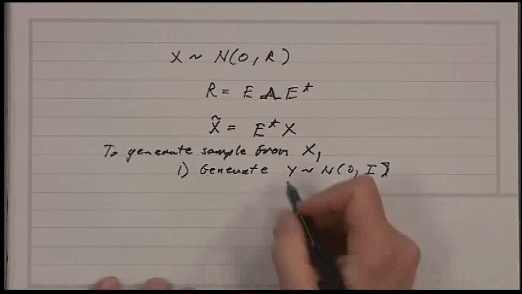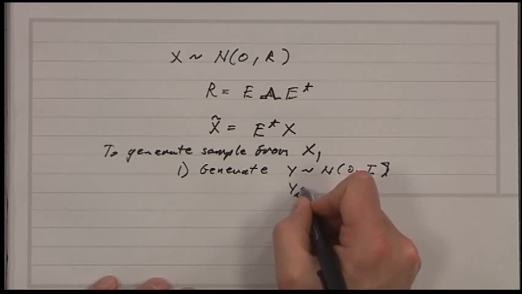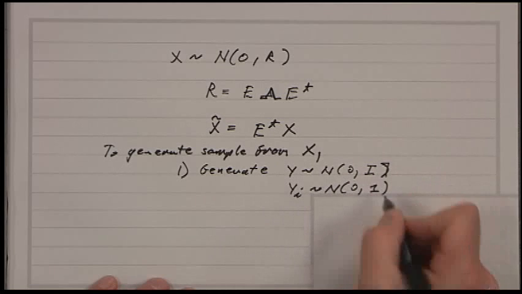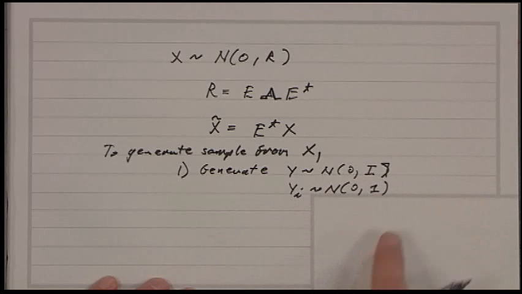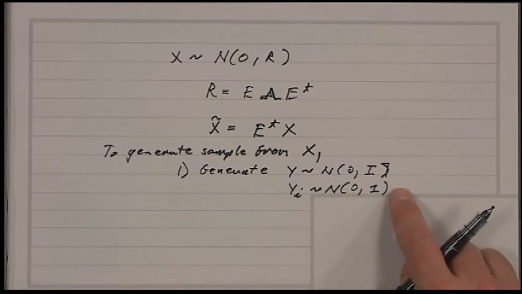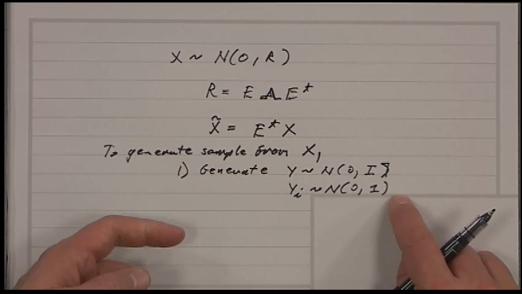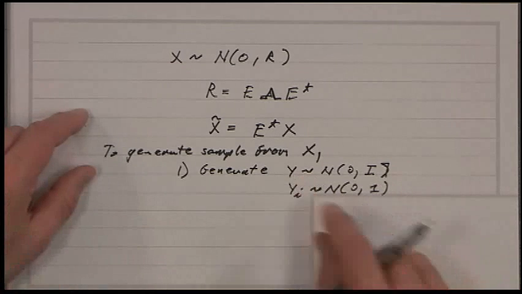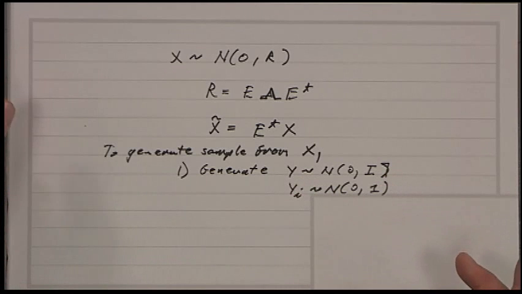So each Yi is just normal with mean 0 and variance 1, and then you make them independent. You use a pseudo-random number generator in the computer to generate a sequence of independent Gaussian random variables with mean 0 and variance 1, and you populate a vector with p entries in it. That's easy enough, correct? It's like white noise, basically, you put in a vector, right?